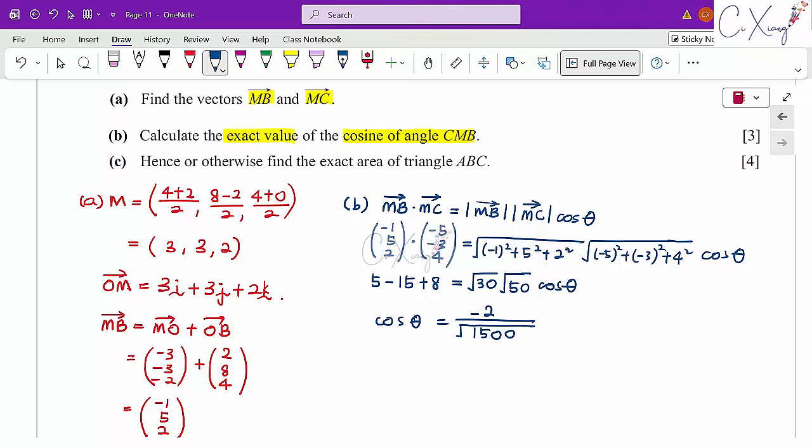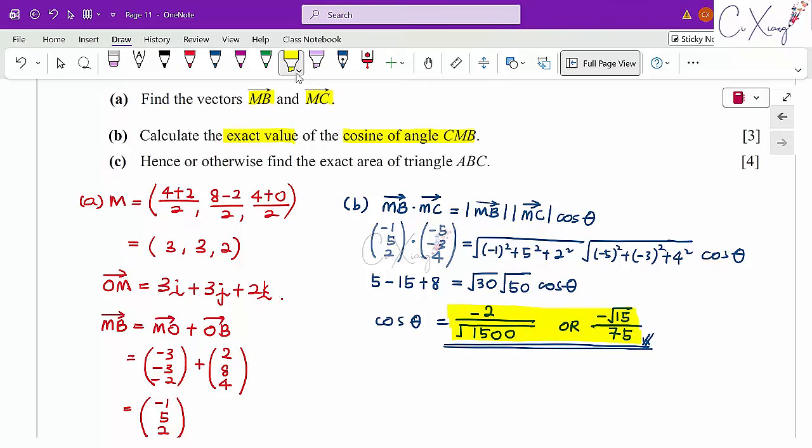So this is the value of the cosine of the angle CMB. Some students will rationalize it. If you rationalize using the calculator, you should have negative square root 15 over 75. If you keep the original value, it is -2 over square root of 1500. This is what we have for part B.